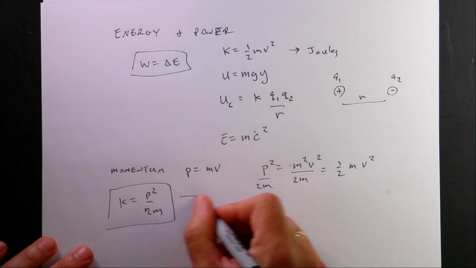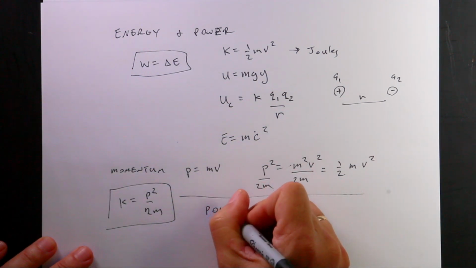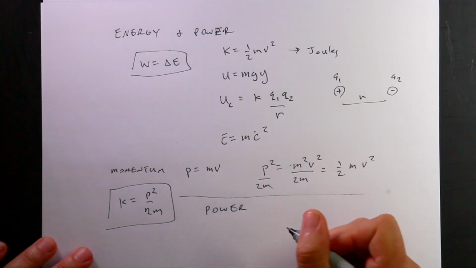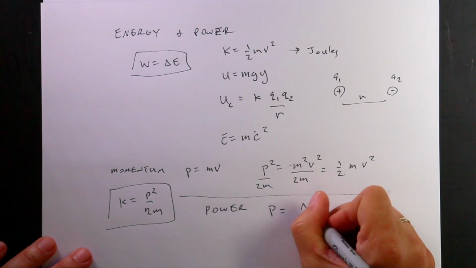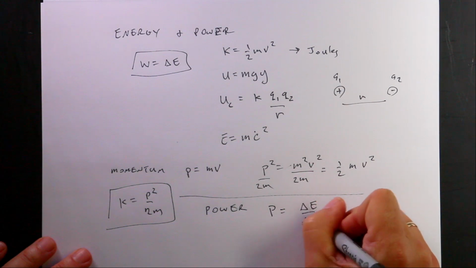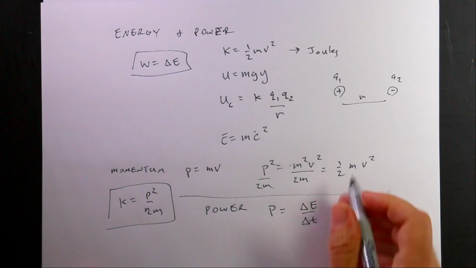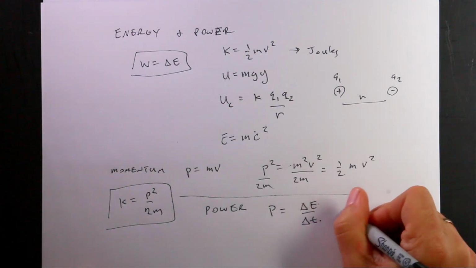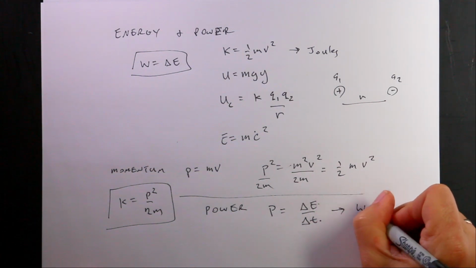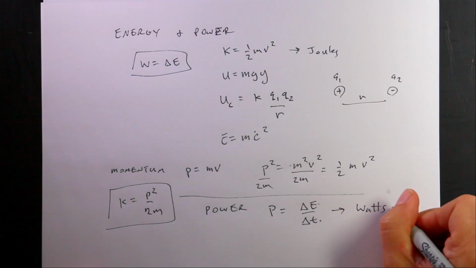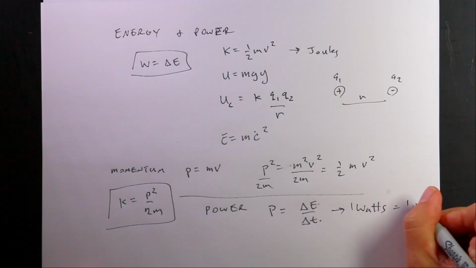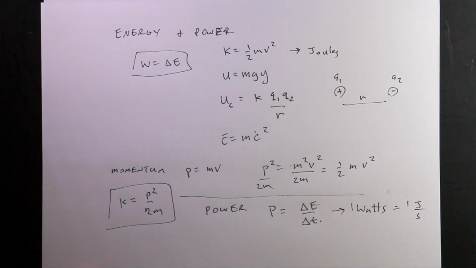Okay, one last thing for energy, and that's power. Power, we use capital P, and it's the change in energy per time. It's how fast you either take or give energy. So if this is in joules and that's in seconds, then this would be in units of watts. So 1 watt is equal to 1 joule per second.